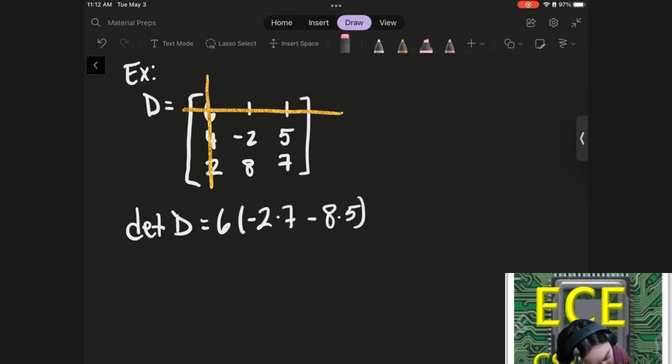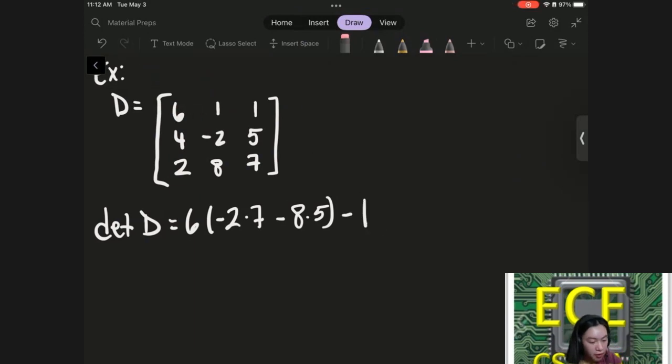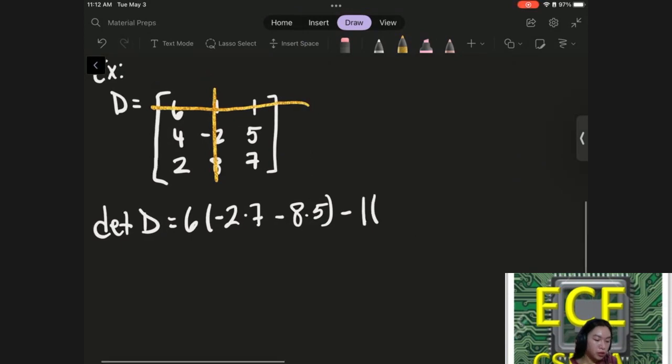And then I'm going to do the middle column, which is minus 1 times, in parentheses, ignore the column and the row that the 1 is in. Take the determinant of the leftover 2 by 2 matrix, which is 4 times 7 minus 2 times 5.